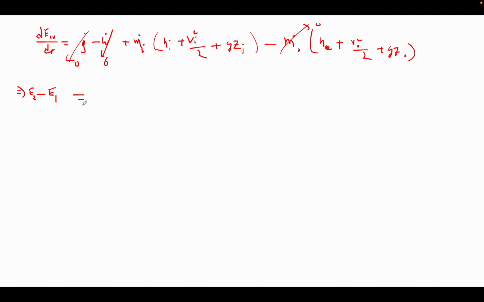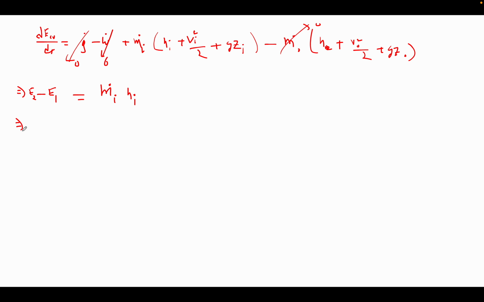and if the kinetic and potential energies are very small as compared to the enthalpic energy, I can write this as m_i dot times h_i.